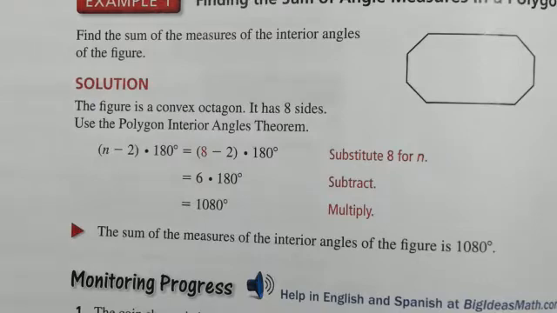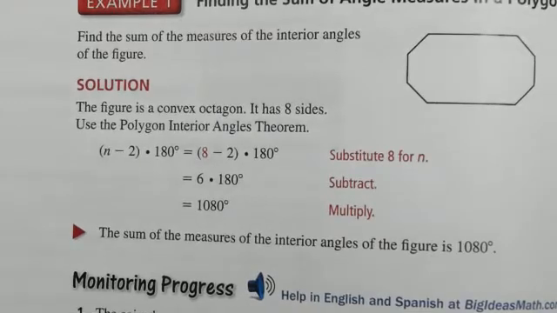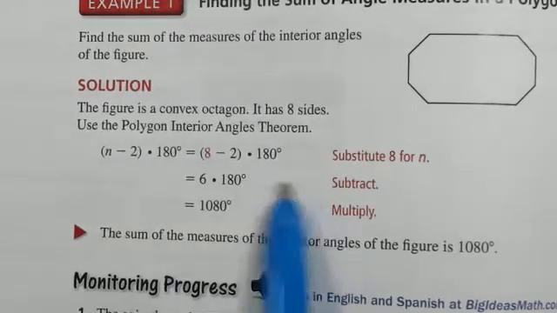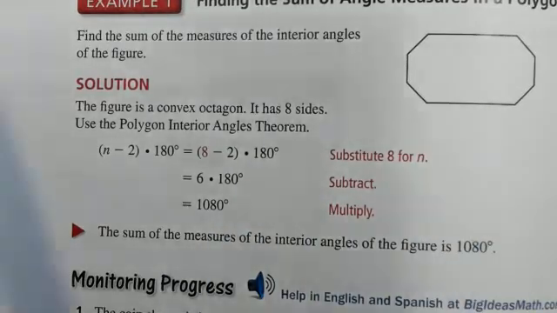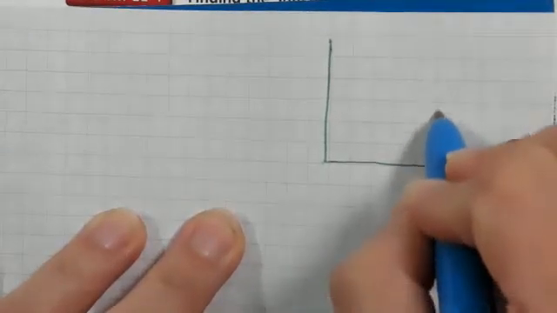A few vocabulary words to remember: the difference between concave and convex. This formula only works with convex polygons. We can't have a concave polygon. You might remember an example of a concave polygon might look something like this.